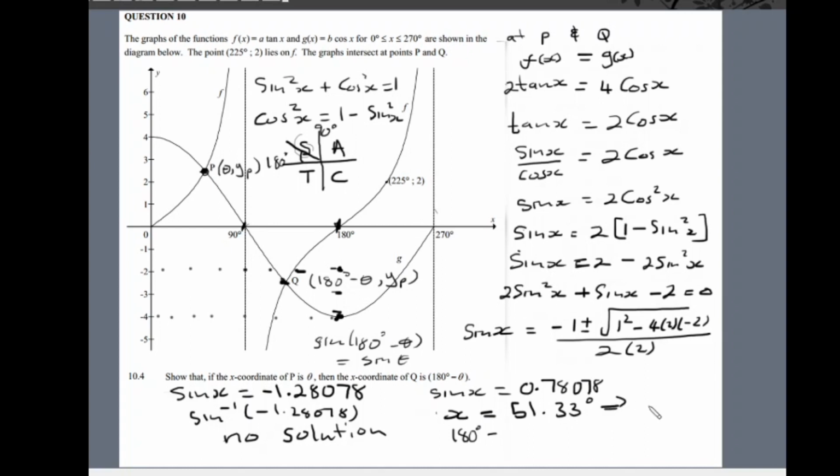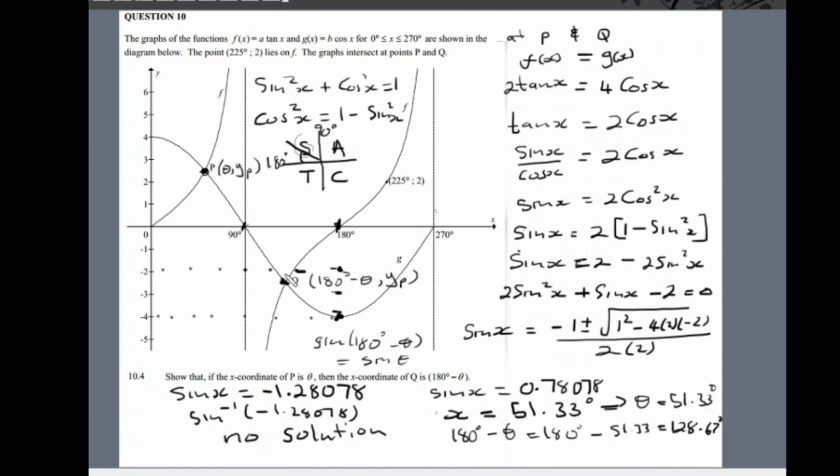So this implies that theta is equal to 51.33 degrees. If I say 180 minus theta, I'll have 180 minus 51.33, which is equal to 128.67 degrees.